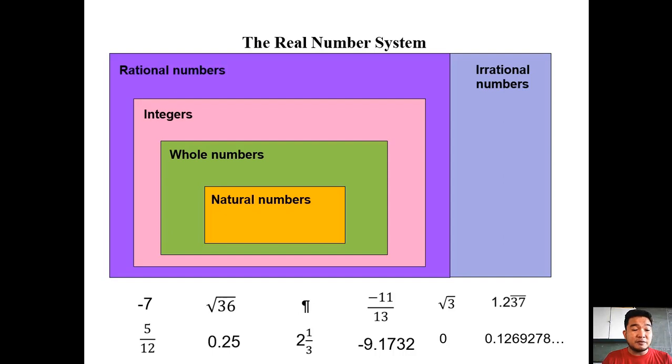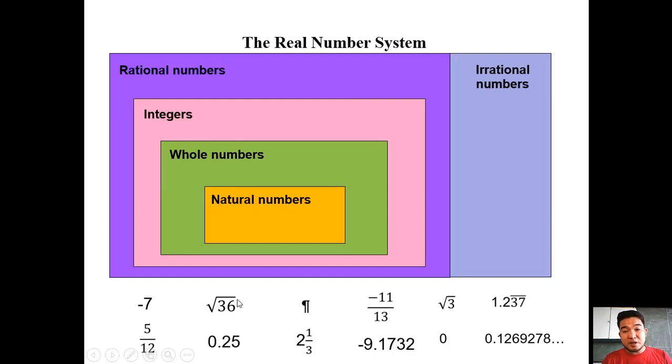If we divide 5 over 12, the answer is 0.4166666 and so on. So that means that 6 is being repeated in this expression. So that means that 5 over 12 is an example of rational numbers.